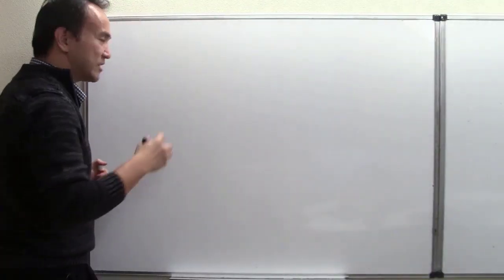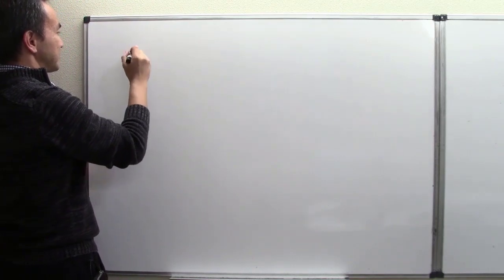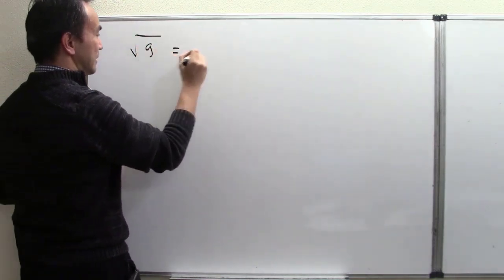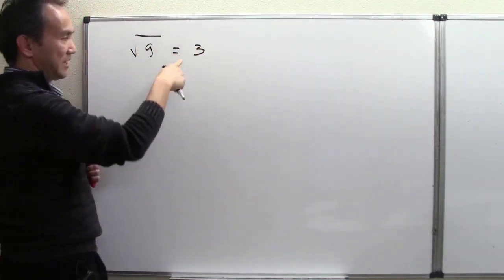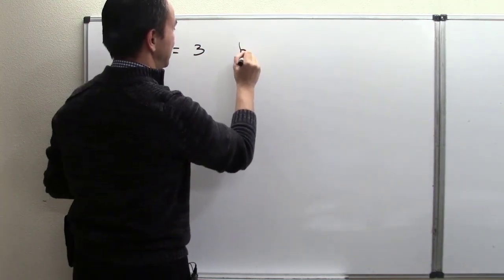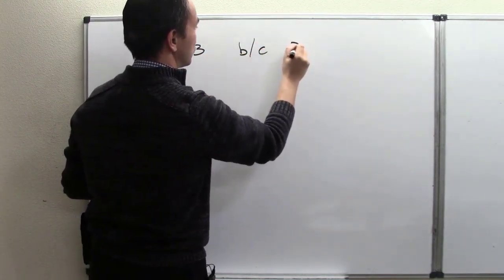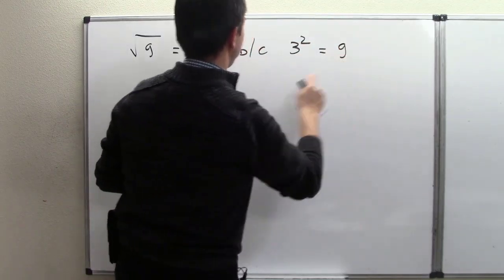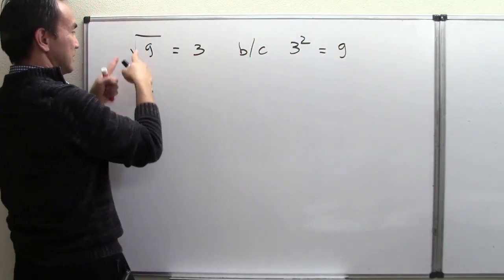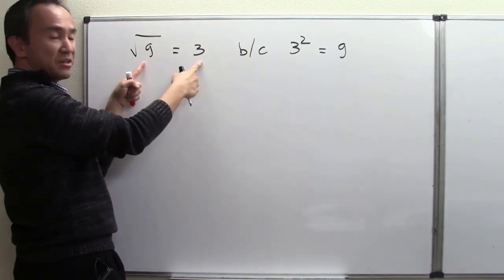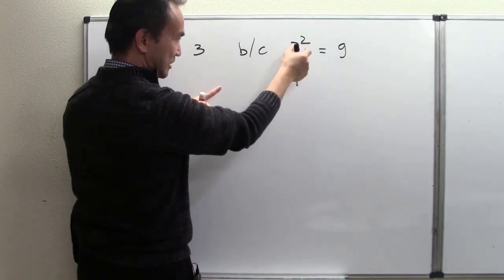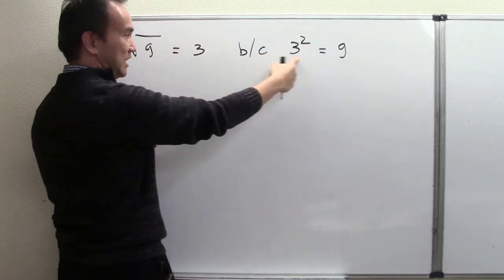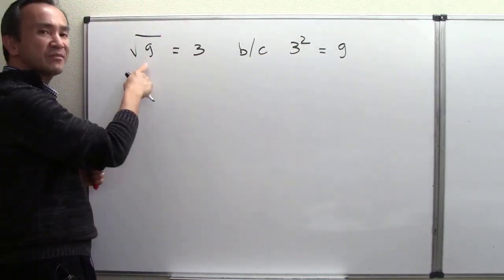So formally speaking, the square root of 9 equals 3, because 3 squared equals 9. The square root of a equals a number simply because the square of that final value equals the number inside of our root.